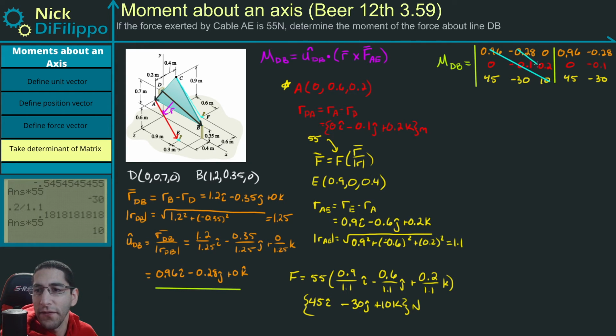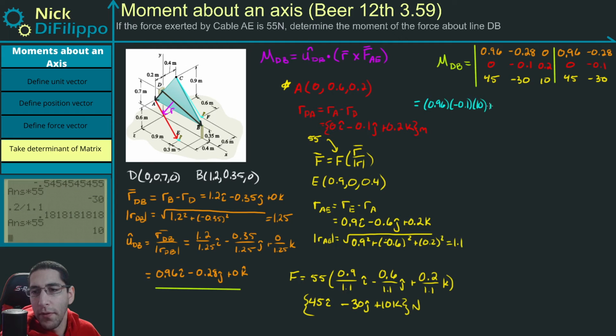Any diagonal of 3 that goes this way, I'm going to add together. So in this case, I'm going to leave the moment out, but this is just going to be equal to 0.96 times minus 0.1 times 10. That's this diagonal.